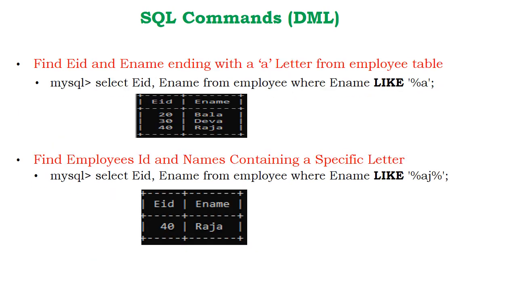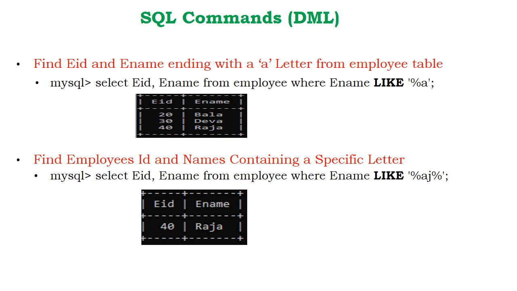We can find names ending with a particular character. For example, percentage followed by A. Then it will verify any name that ends with A, and show it. Then within the range, for example, between characters also we can match. For example, AJ.